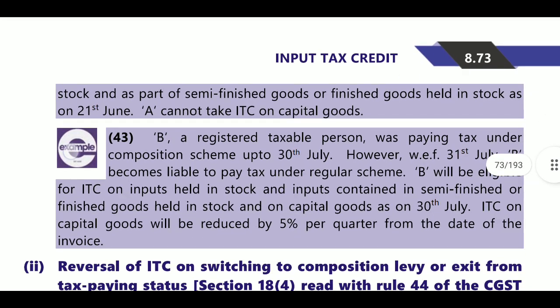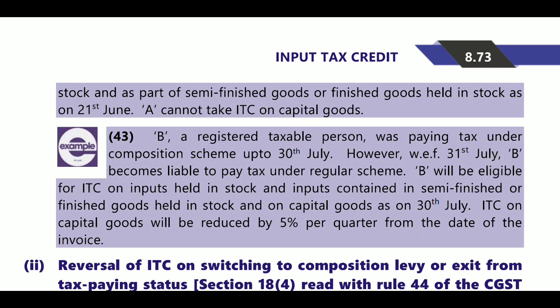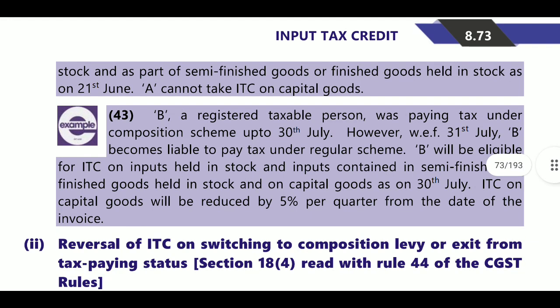Next, B is a registered taxable person. He is already a registered taxable person, was paying tax under composition scheme, up to 30 July. However, with effect from 31st July, B becomes liable to pay tax under regular scheme. Maybe his turnover crossed the specified turnover.